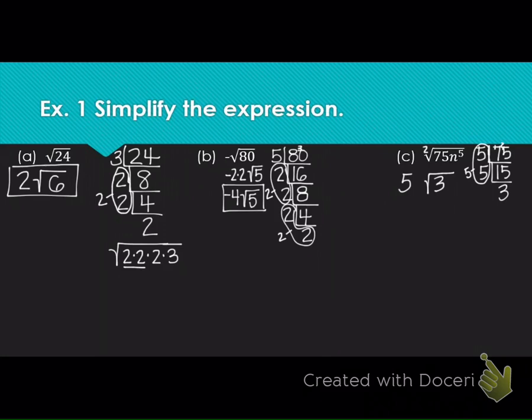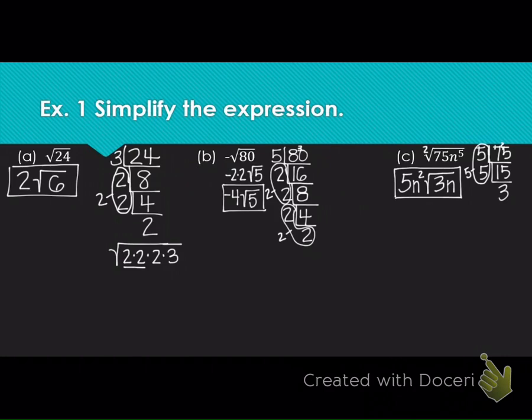So guess what? 2 n's are coming out from under the radical, which we're going to write as n squared. Now, there is a remainder though, because 2 times 2 is only what? 4. And there were 5 n's underneath to begin with. So, how many n's are left over? 1. That means there's 1 n still under the radical. And my final answer is 5n squared times the square root of 3n.